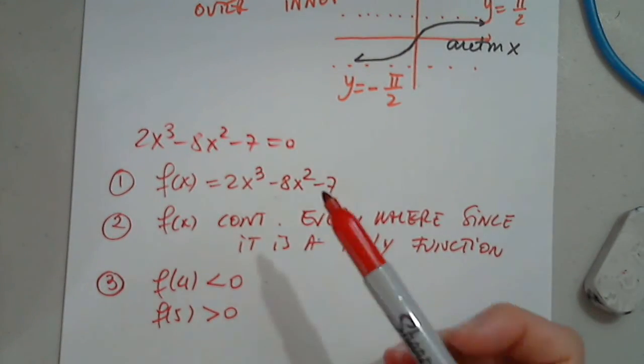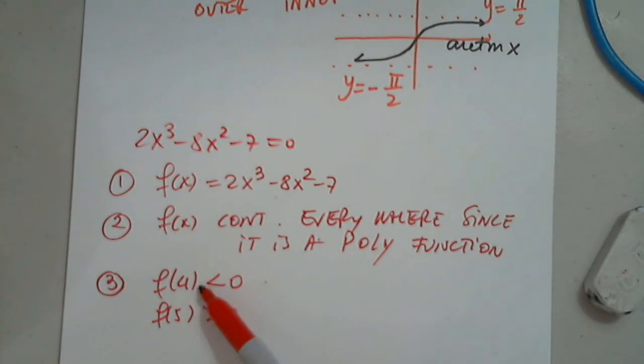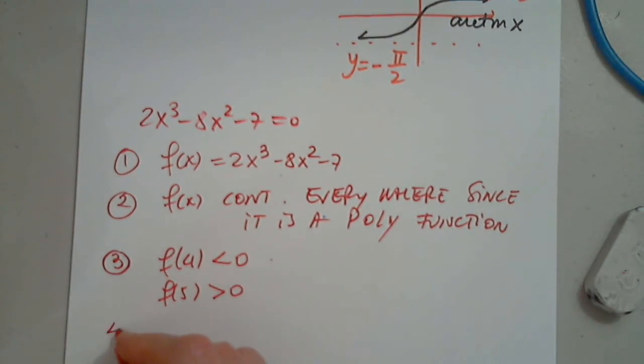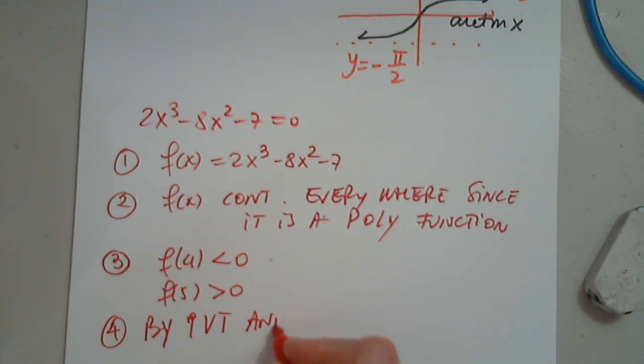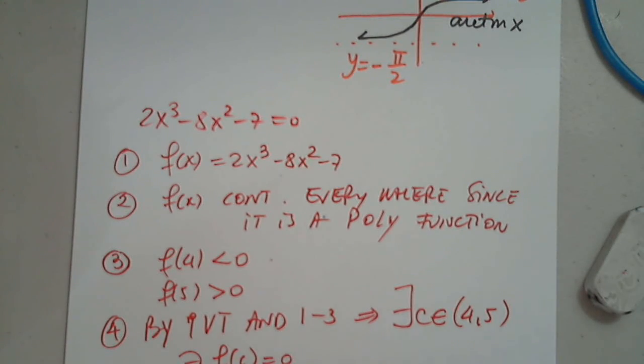Since I have a function that is continuous and it changes sign on the interval 4, 5, number 4, by IVT, I conclude, and 1 through 3, there exists a C in the open interval 4, 5, such that f of C is 0.